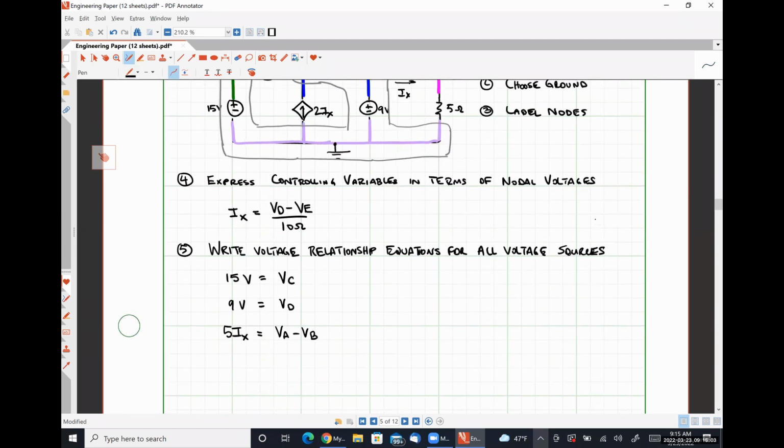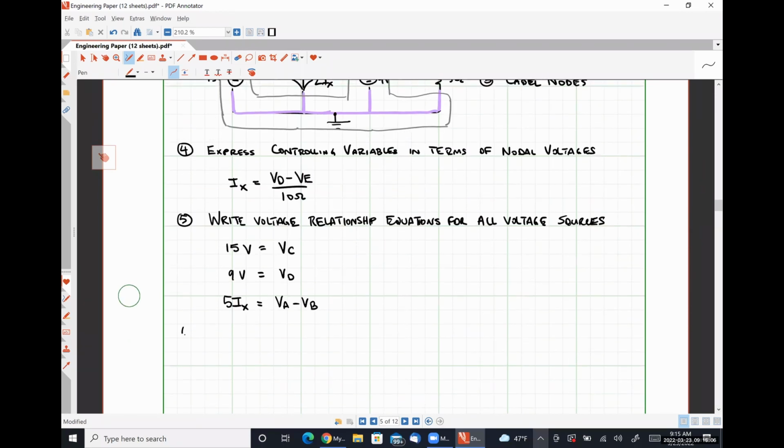So step 6 will be write a KCL equation for all supernodes that do not contain ground.